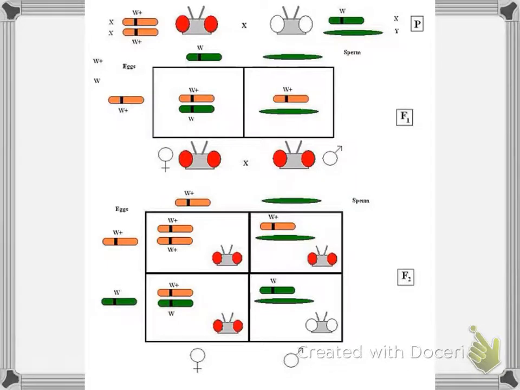So this is just kind of a summary of the experiment. If you cross the white eye male, red eye female, you get all red. If you cross the children, you end up getting a quarter of your offspring are white eyes, but all males.